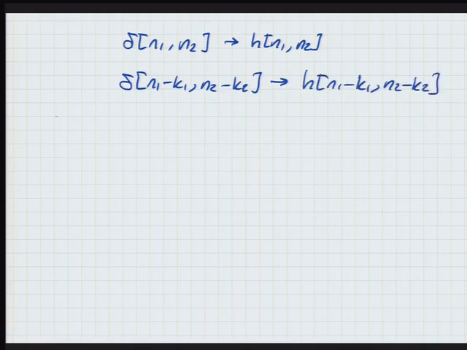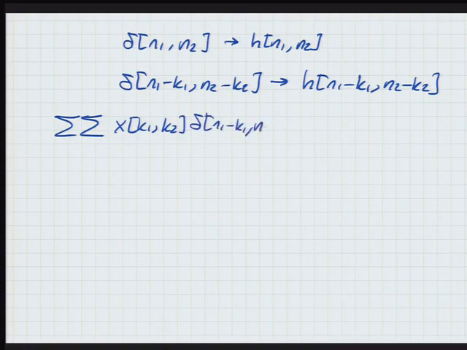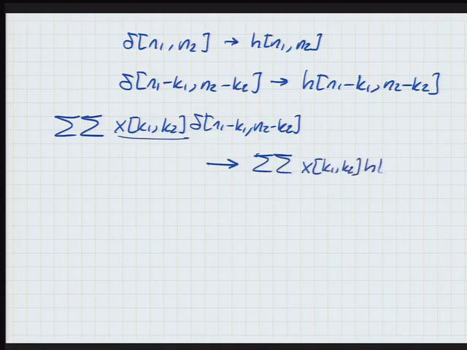So therefore, the response to the double sum of x of k1, k2, delta of n1 minus k1, n2 minus k2 will be, again, a double sum. And these guys are just coefficients that are inherited. x of k1, k2, h of n1 minus k1, n2 minus k2.